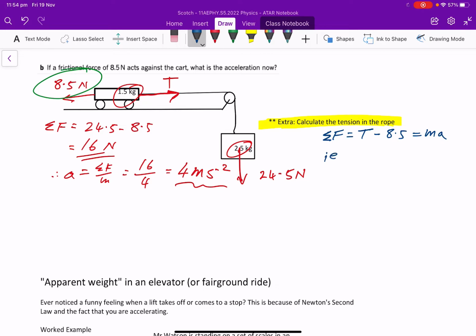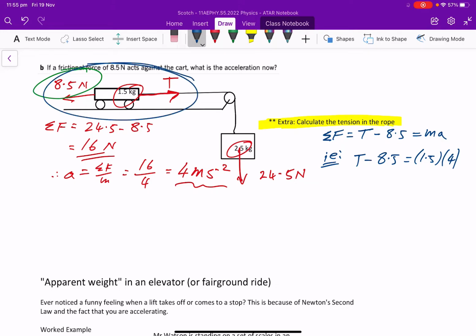I.e., what I'm really saying here is T take 8.5 equals now only 1.5 times the acceleration we just worked out. Why? Because I'm not looking at the whole system anymore. I'm only looking at this trolley that's got a mass of 1.5.